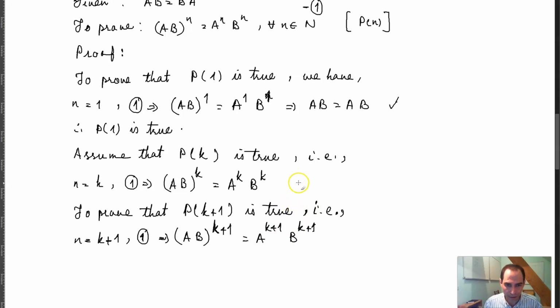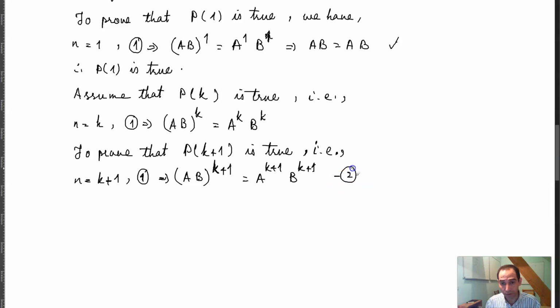Which means that I want to prove this, right? Now, if I start from this side of this equation, and call this 2, the LHS of 2 gives me (AB) whole raised to the power k plus 1, which I can write as (AB) raised to the power k times AB.